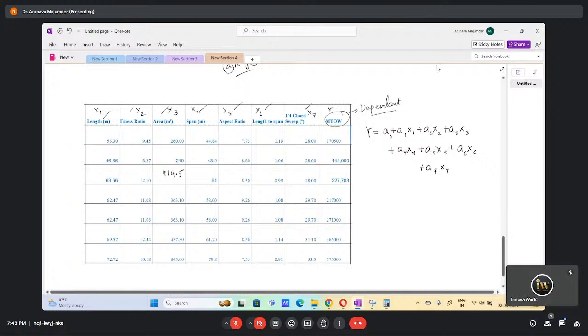We identify the values of a0, a1, a2 up to a7 based on this particular data set.